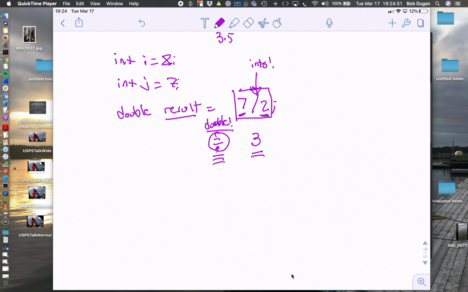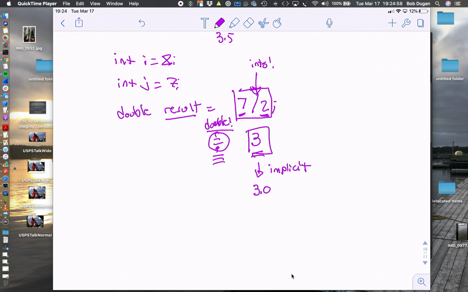So we have a problem. This 3 is an int, and we can't take an int and stuff it into a double. So what we're going to do is convert that int into a double, 3.0. So this is an implicit conversion. And that 3.0 then gets assigned to the result. So in the end, we end up with a result equal to 3.0. So that's an example of an implicit conversion.